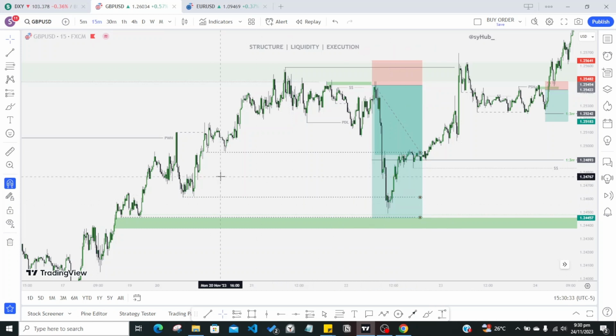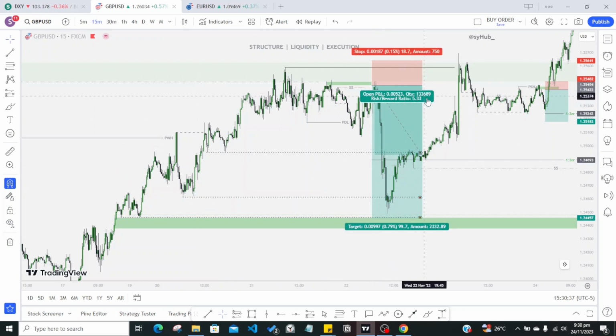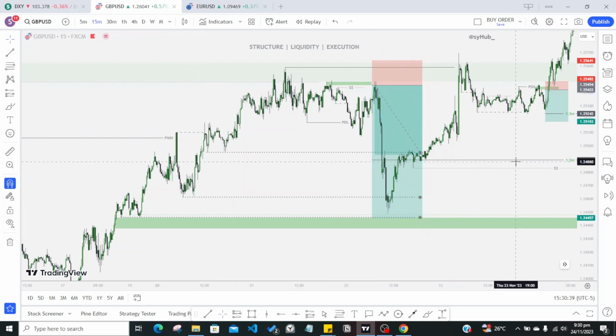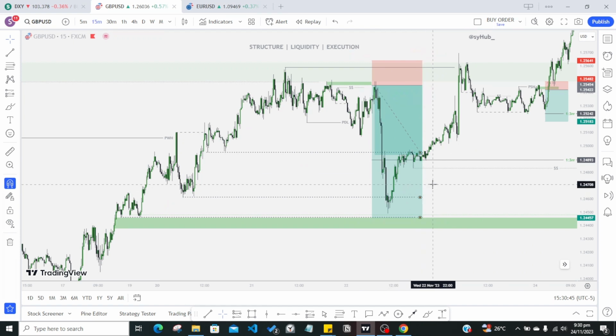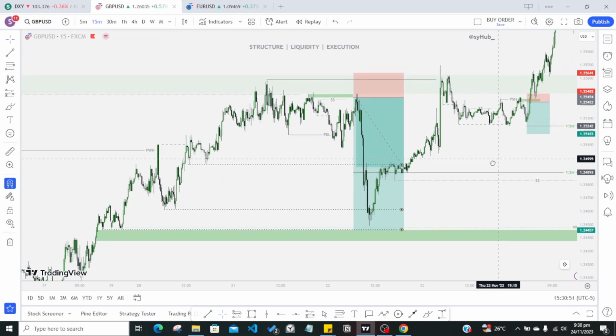Price took out these equal lows. So I got out on the 1:3, which was just my target. I wasn't interested in seeing price trade to the full TP, so I got out on 1:3 and called it a day.